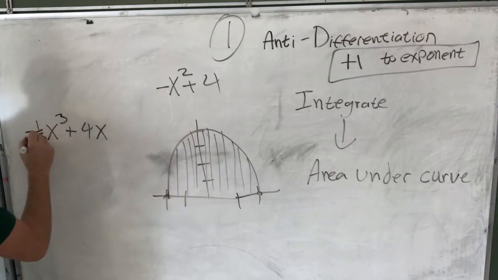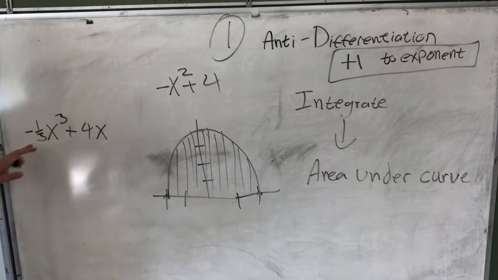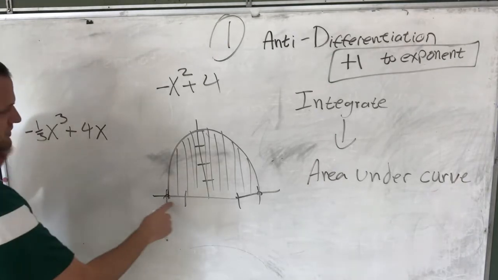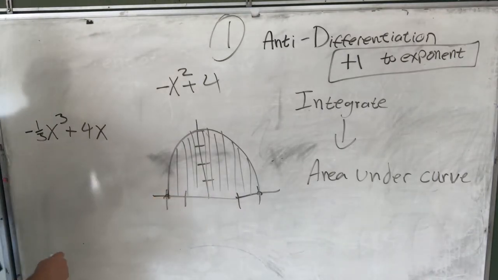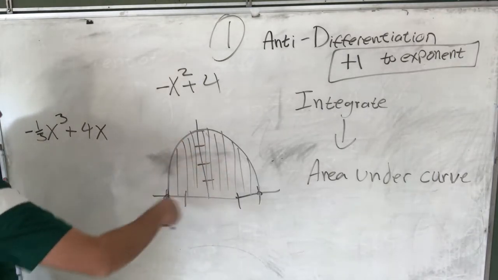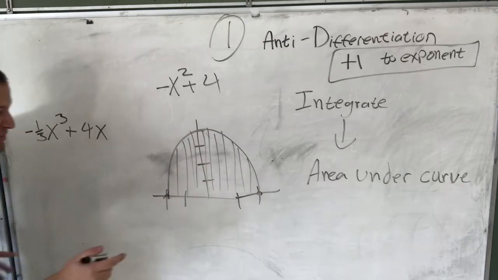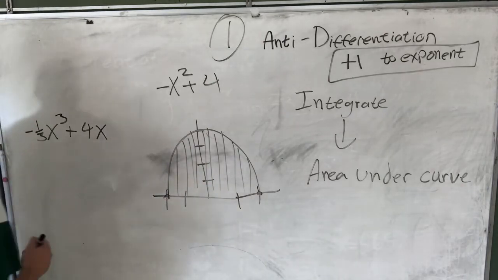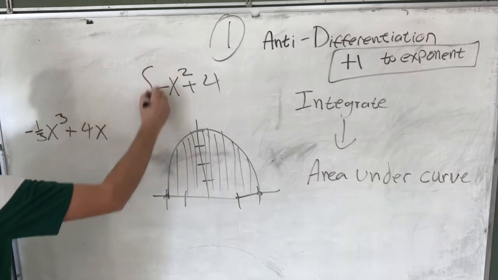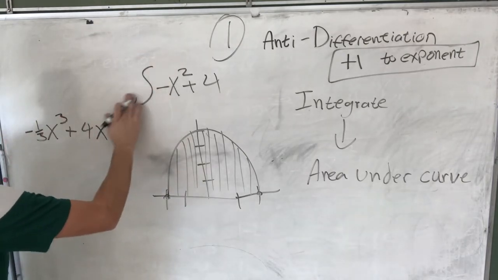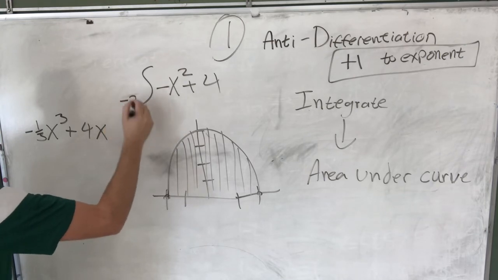Negative 1/3. So this equation, if I figure out the difference between positive 2 and negative 2, it would tell me the area under this curve. You're not doing this today, this is what we'll do later, but just so you know why this is important. So what we would do is integrate this from negative 2 to 2.